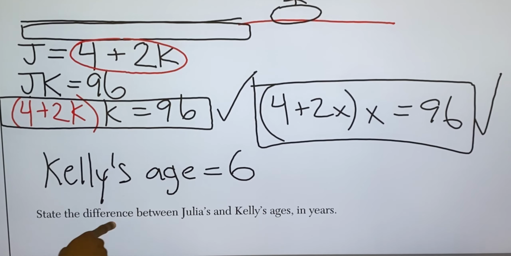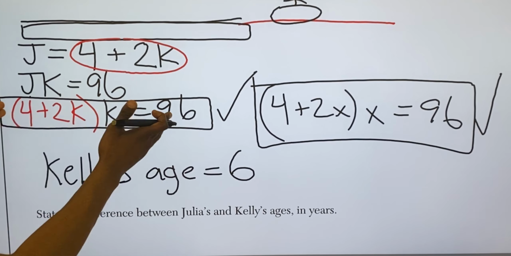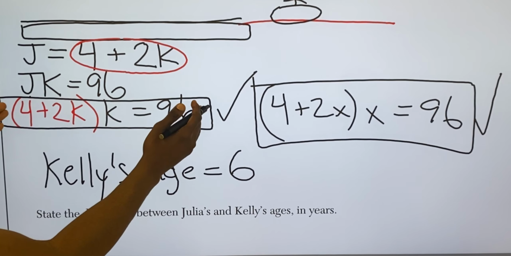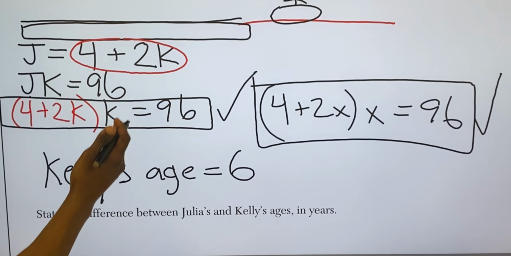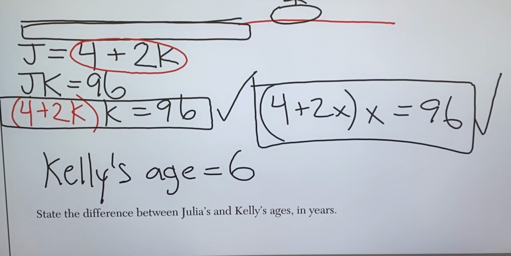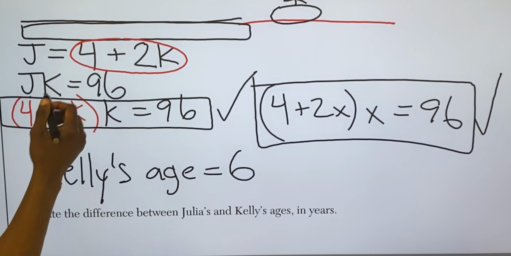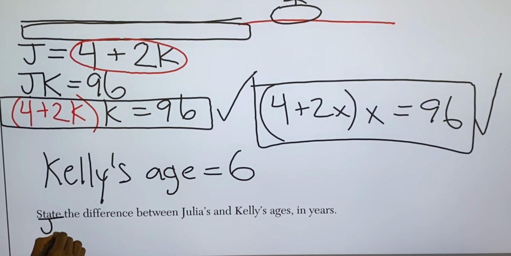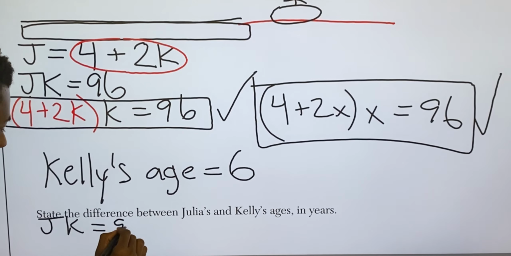Now, state the difference between Julia's and Kelly's ages in years. So, back to our original equation. You can use this equation or the second, whichever one you want. Now, let's take the easier route. J times K equals 96.